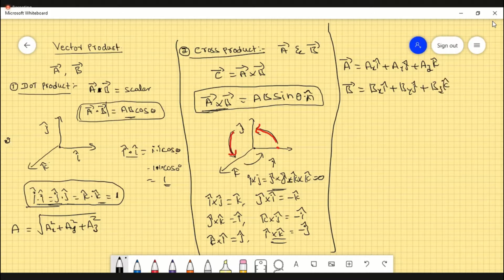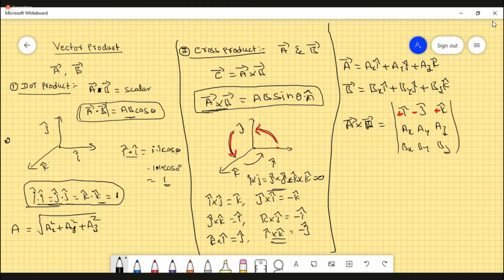A cross B is found by the matrix determinant method. So i, j, k with signs plus, minus, plus. First we write the A variables, Ax, Ay, Az, and then the B variables, Bx, By, Bz.